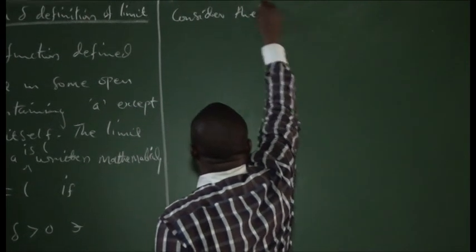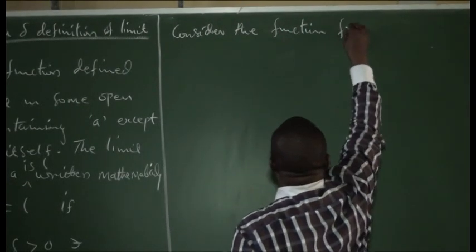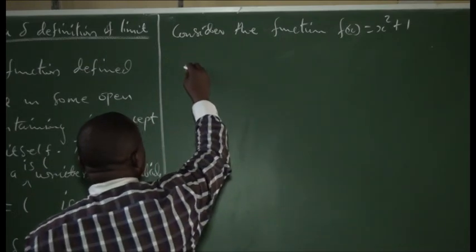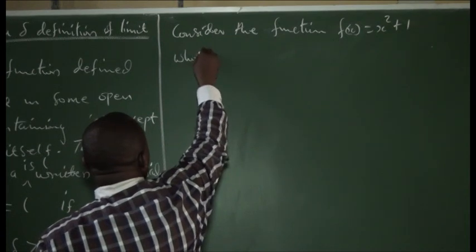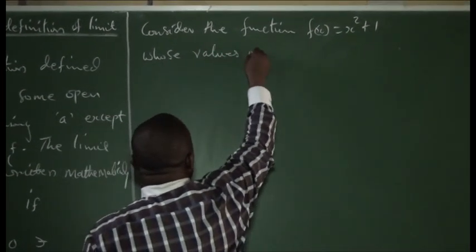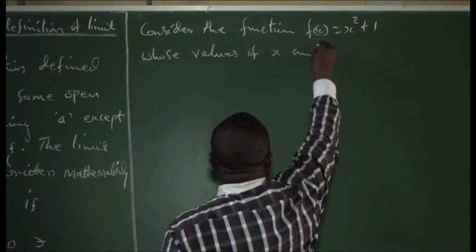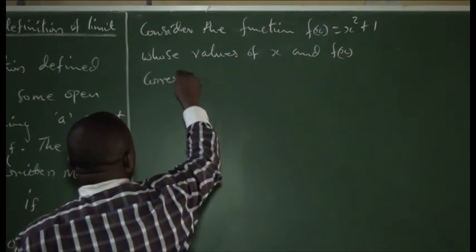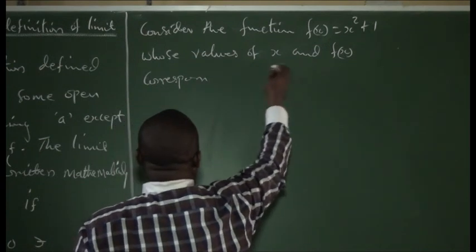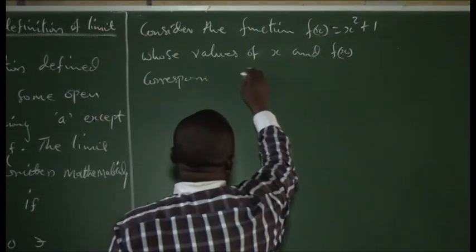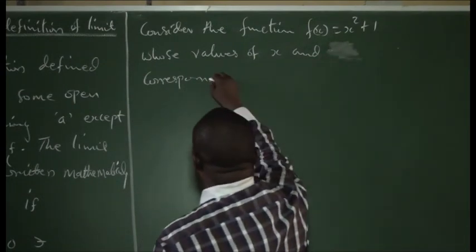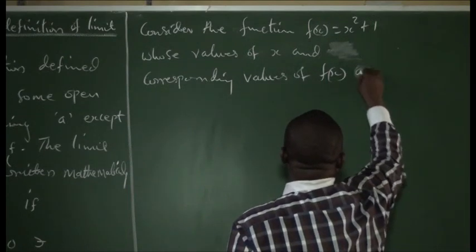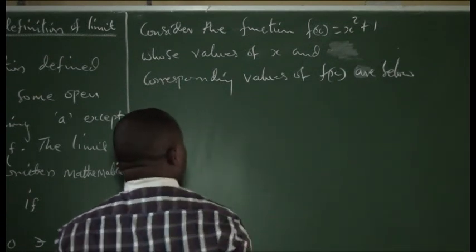Consider the function f of x equals x squared plus 1, whose values of x and corresponding values of f of x are shown in this table below.